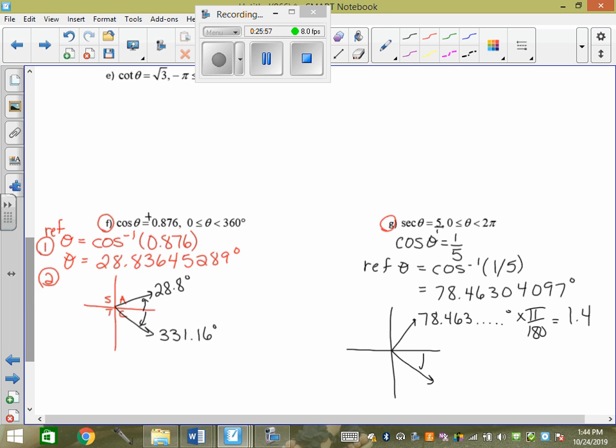And then this one I have to go 360 minus my angle. I get 281.53. If you are going to do it in degrees, though, you guys, you have to keep everything. You can only round at the end, right? Or your numeric response is going to be very sad, like very, very sad.